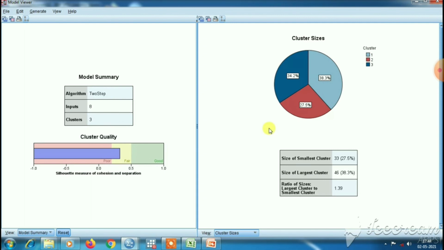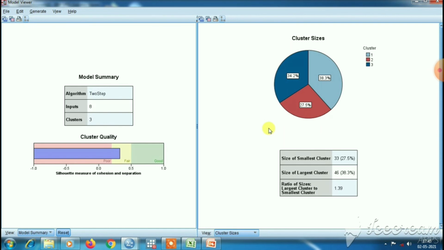Okay, the cluster sizes, etc. So I think that in this way you will get a rough idea about how cluster analysis can be done, how hierarchical cluster analysis provides us the number of clusters and which member belongs to which cluster, that is k-means cluster.